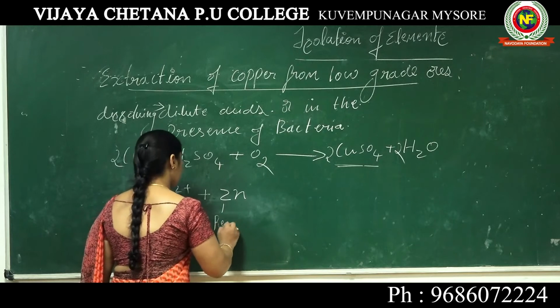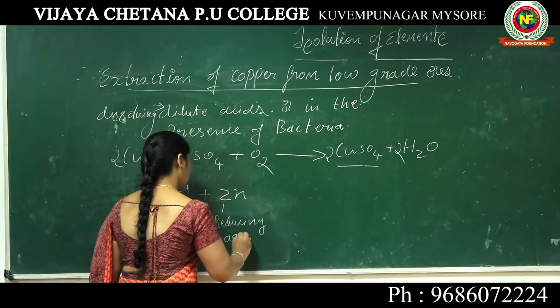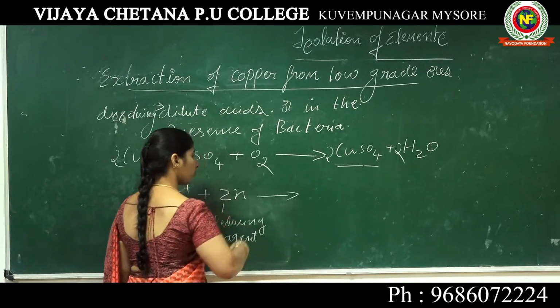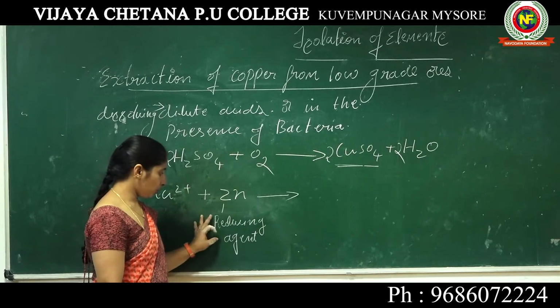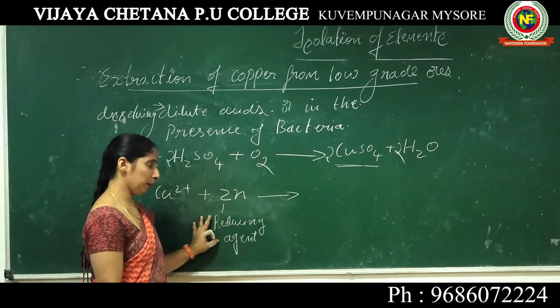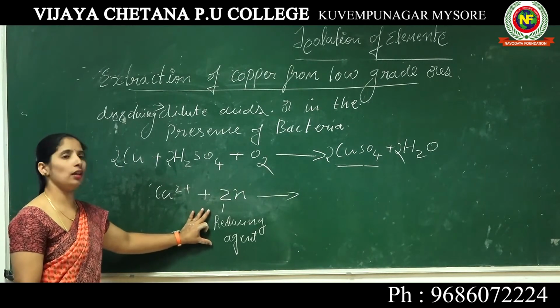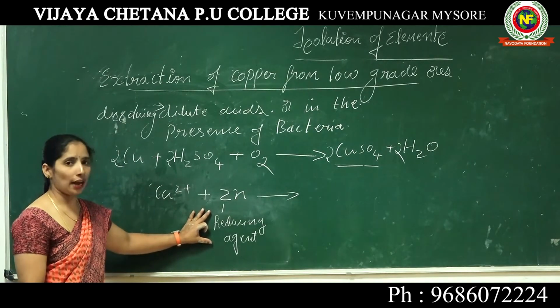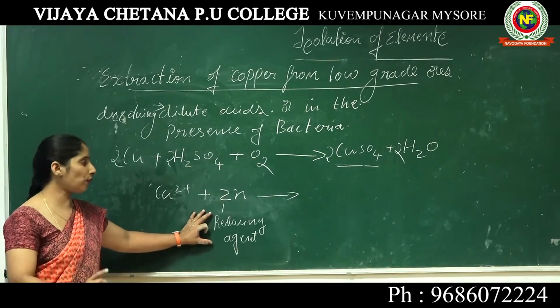Why am I using this reducing agent, zinc only? Because yesterday in the previous class we discussed that zinc has the lowest reduction potential, hence it reduces very fast.